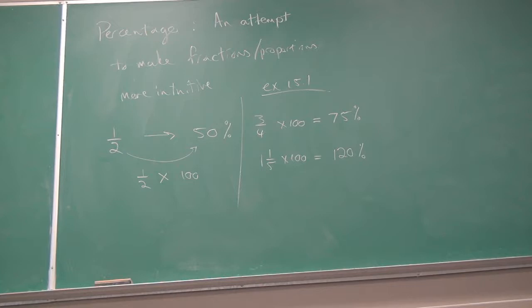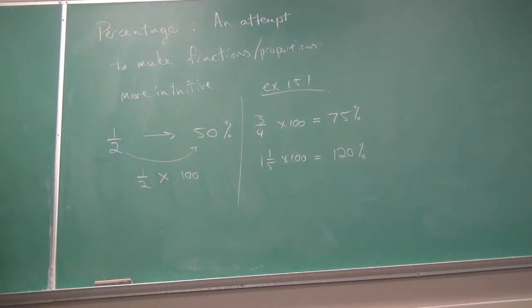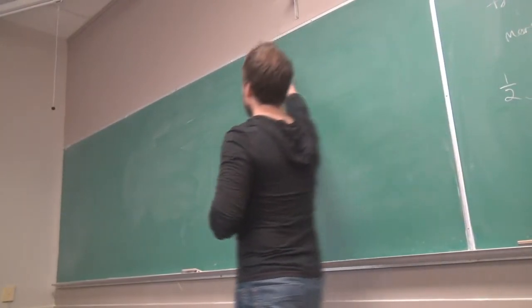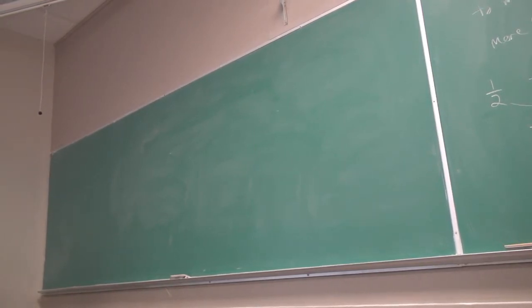I have the 100%, which is the original quantity, and a little more. So again, percentages are really just there to feel better about these proportions and fractions. It doesn't change the quantity that's represented underneath.